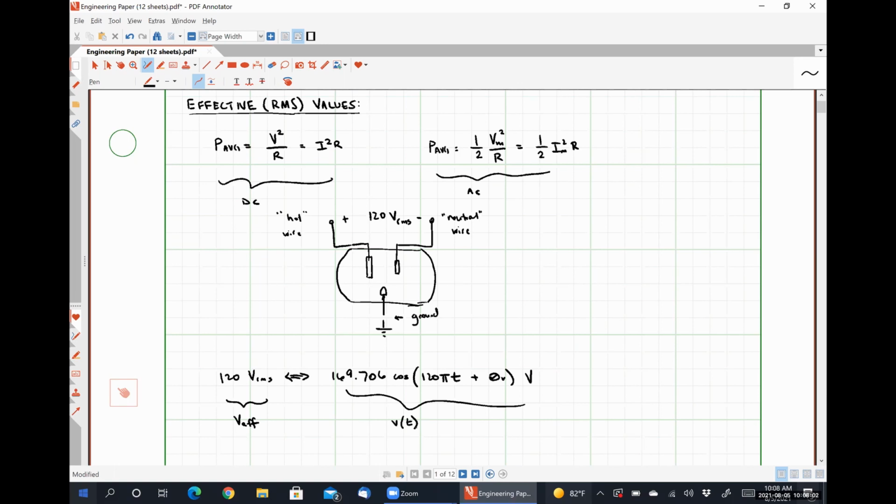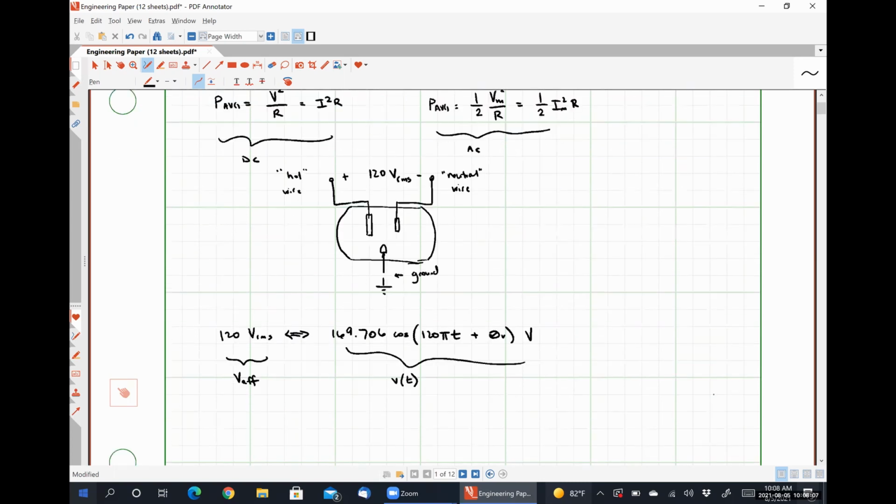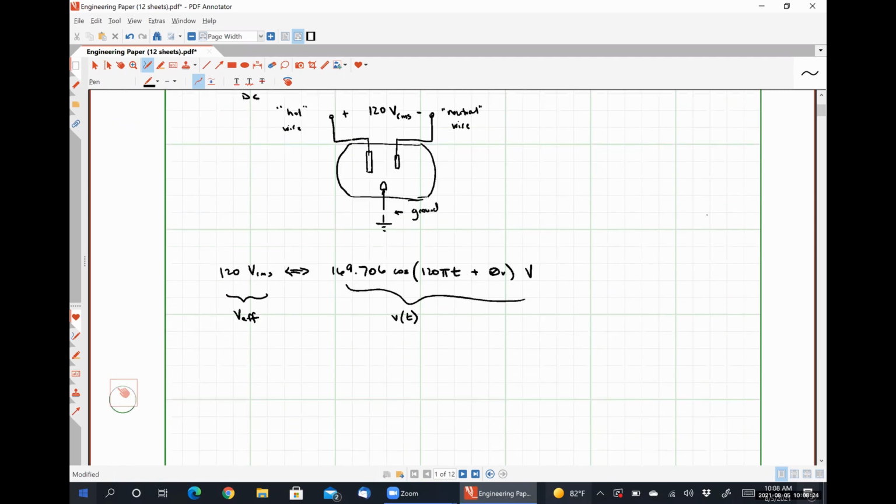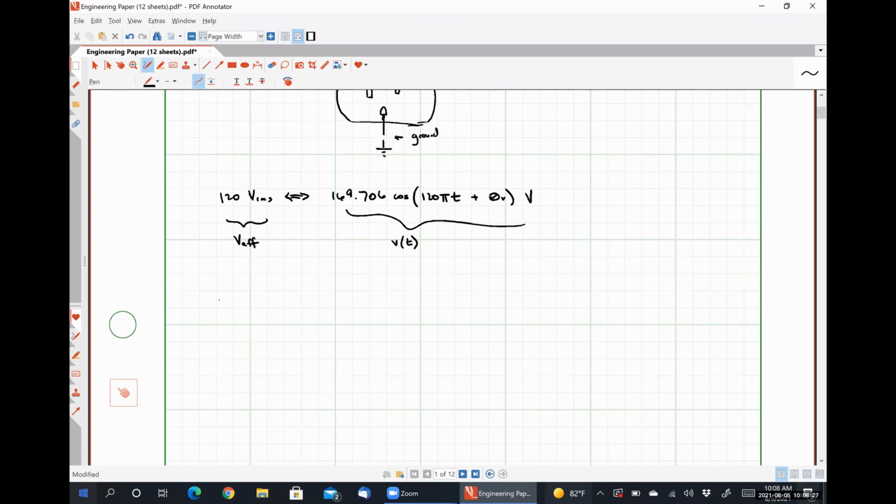So now let's talk about how we get to that 120 volts. Okay, we're going to do it from a generic standpoint first, and then we'll talk specifically about a sinusoidal signal in a moment. I have that average power relationship at the top for a DC signal, right? So I know that what I'm going to call V effective squared divided by R is representative of the average power delivered to some resistor R for a DC signal.